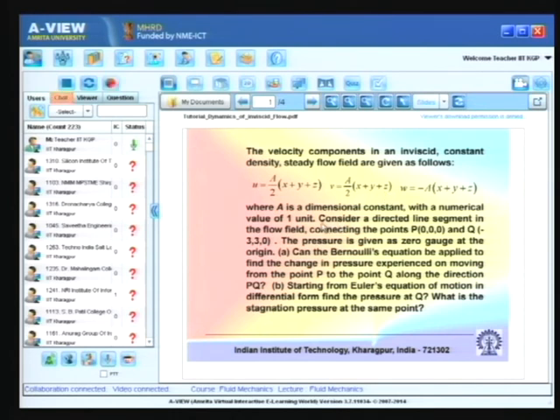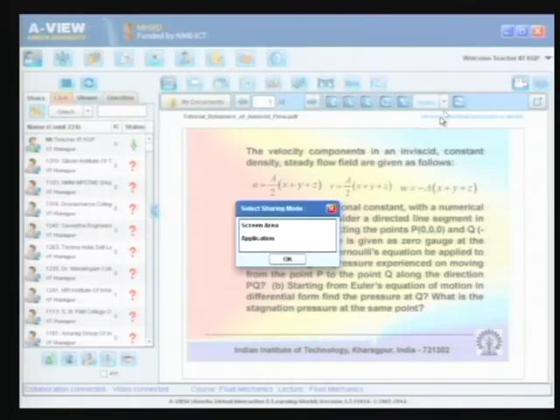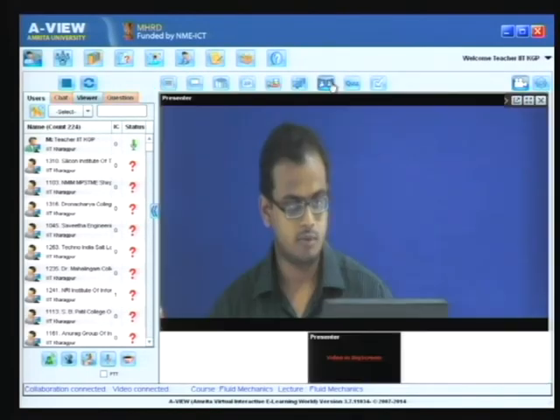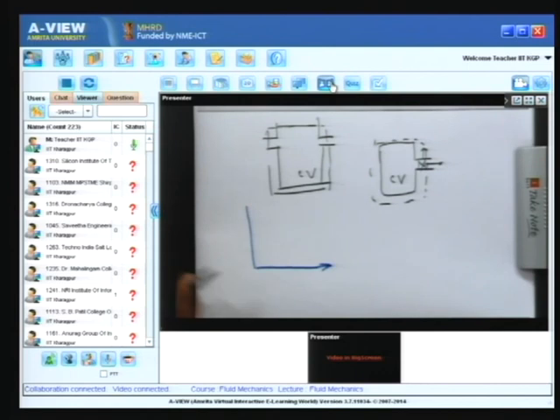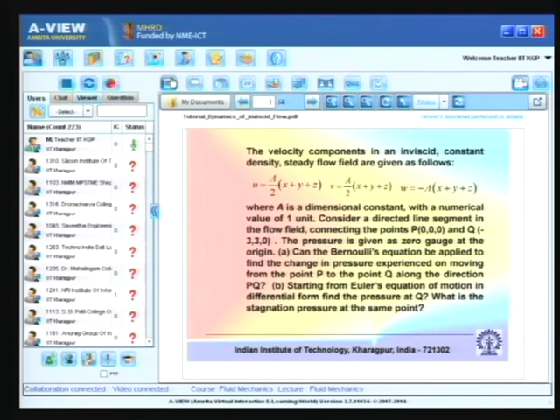Now, we consider a directed line segment from the point 0 0 0 to 3 comma 3 comma 0.